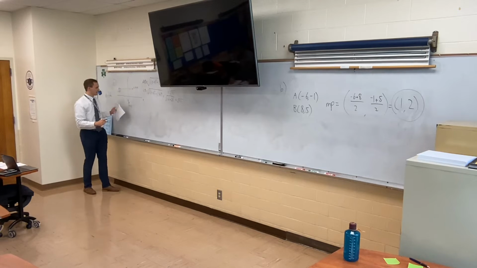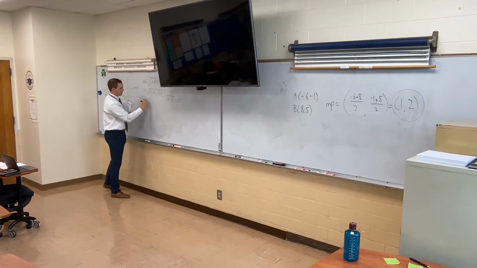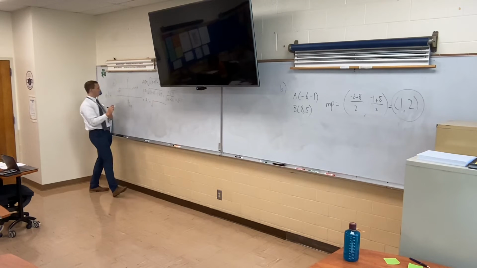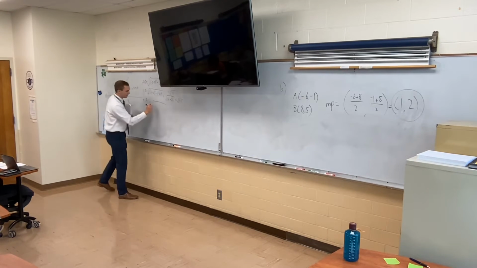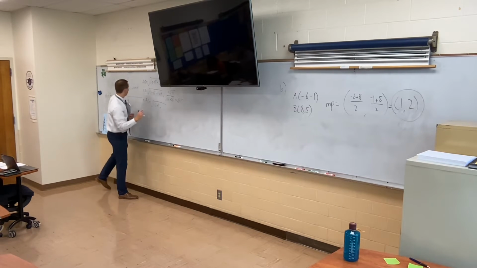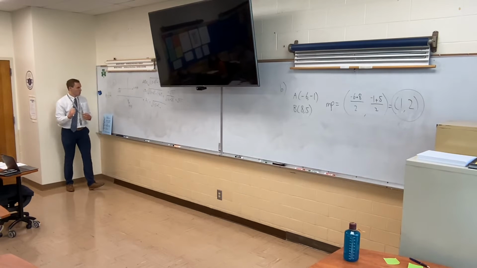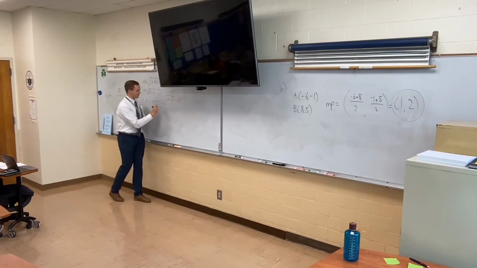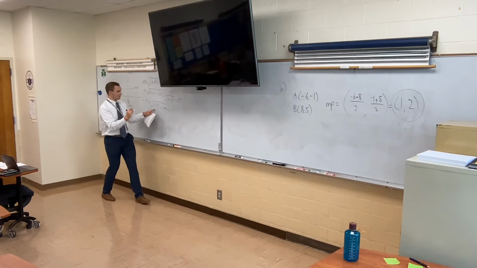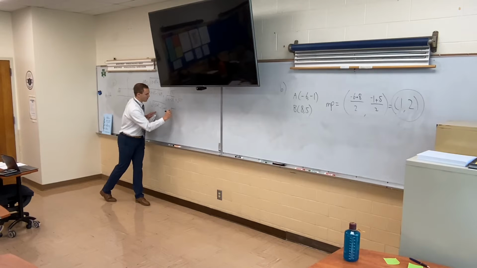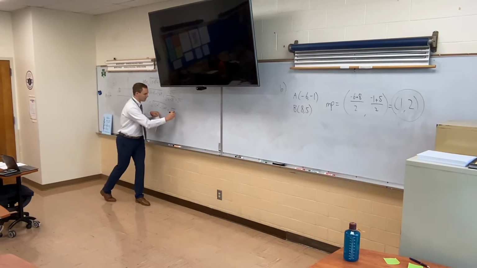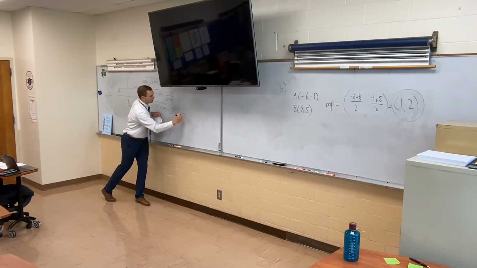Okay, and then AC equals square root of -5 minus 4 squared, right, plus 3 minus 4 squared, which equals -9 squared, which is 81, so square root of 81 plus 3 minus 4 is -1, -1 squared is 1, so square root of 82.